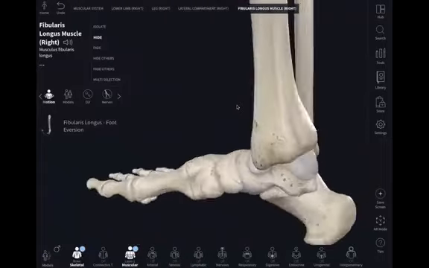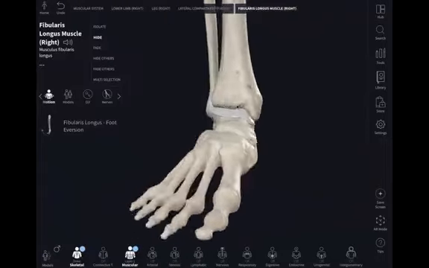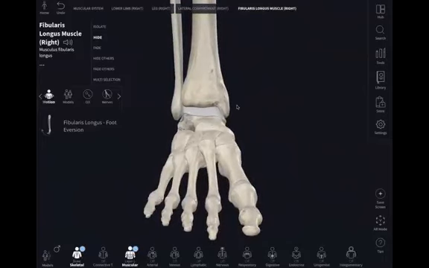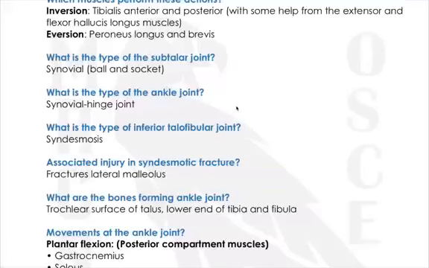Now, what type of joint is the inferior tibiofibular joint? This is a syndesmosis, because it is a fibrous joint.